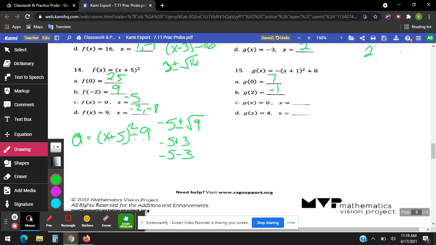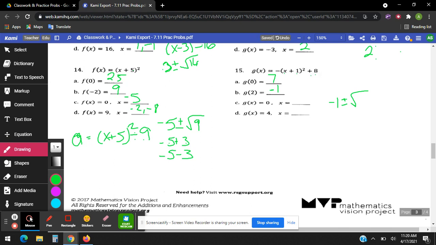So my h is negative 1, and my k plus or minus the square root of a negative 8.